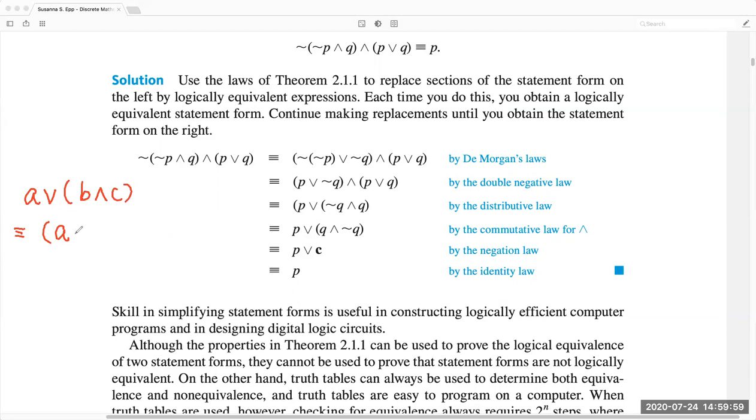It is equivalent to A or B and A or C. And then you use this law. Then this one will give you a contradiction. If P or contradiction, it will give you P.